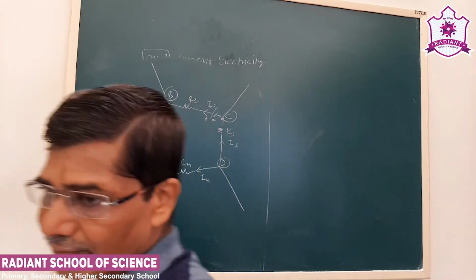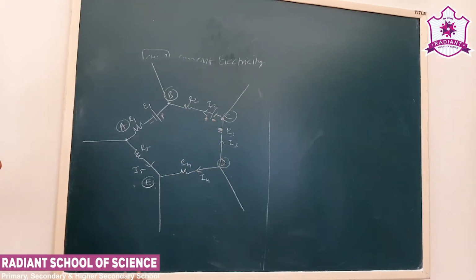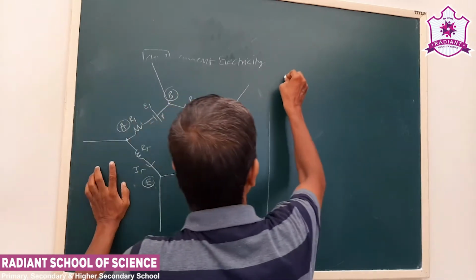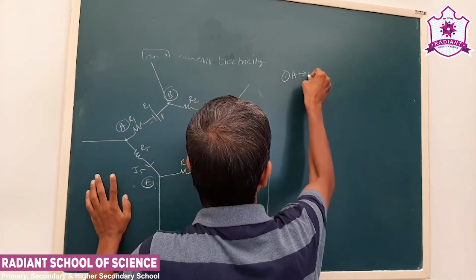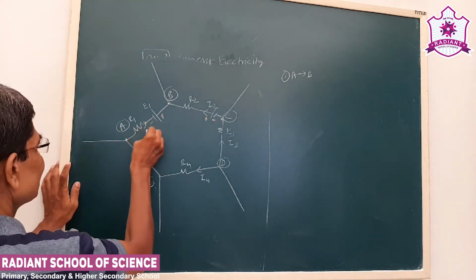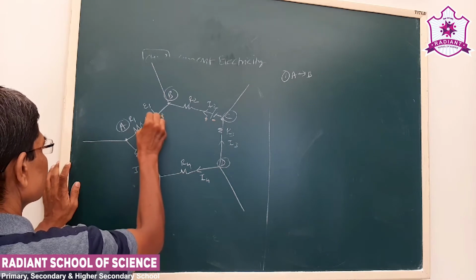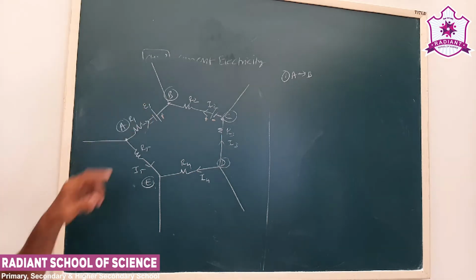By using the conventions which we have discussed, we have to write the equation. Let us say first is from A to B. This is the circuit given. See, we move from A to B.